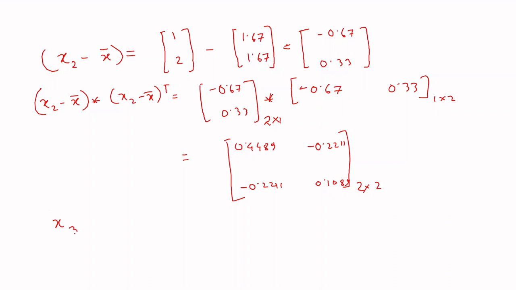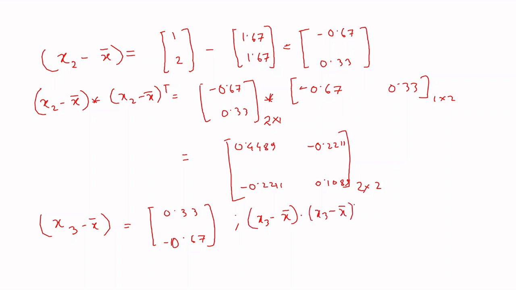Similarly, I will also calculate for the third sample. Let me put the final value directly here, because the steps are very easy and we have already seen them all. So the value of x3 minus x bar is 0.33, then minus 0.67. And the multiplication with the transpose, x3 minus x bar transpose, will again be a 2 by 2 matrix.